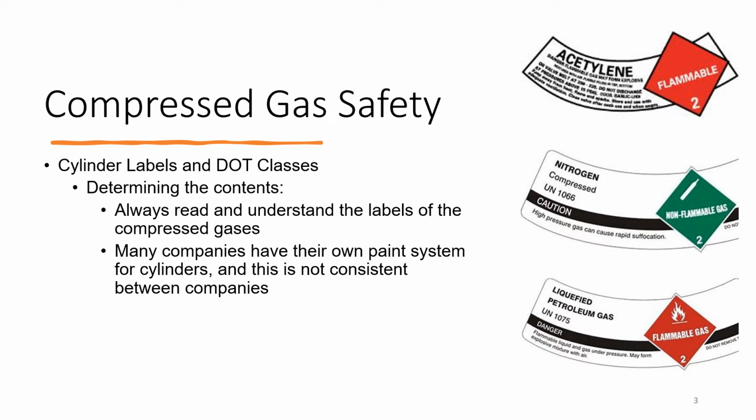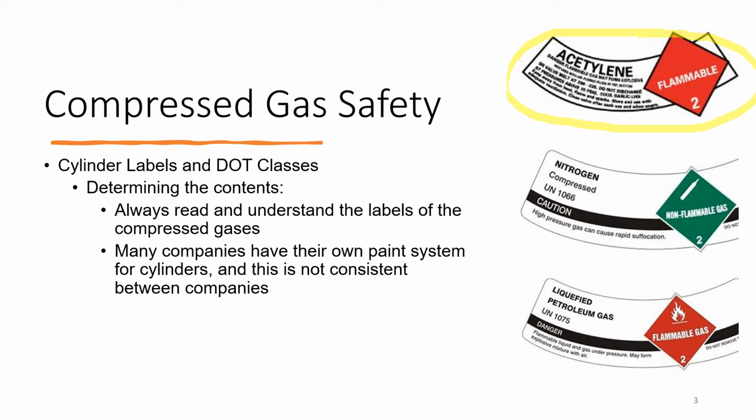So I put this on here again because once again, you always have to read and understand exactly what's in there. Let's look at a couple of the more common ones that you'll find right on the neck ring. At this first one, get out my highlighter here. Acetylene, flammable class 2. All of the DOT gases are going to be class 2, and then of course it's going to break it down further into groups inside of class 2.